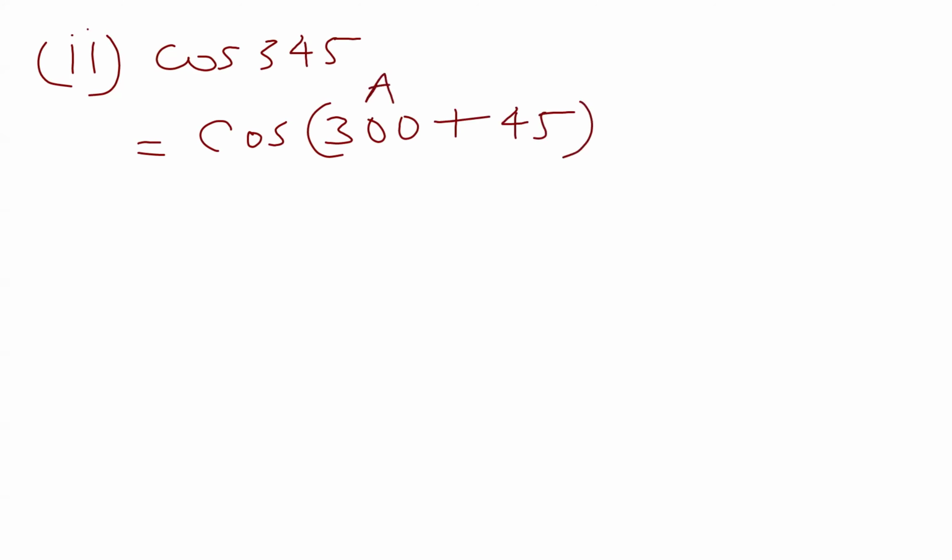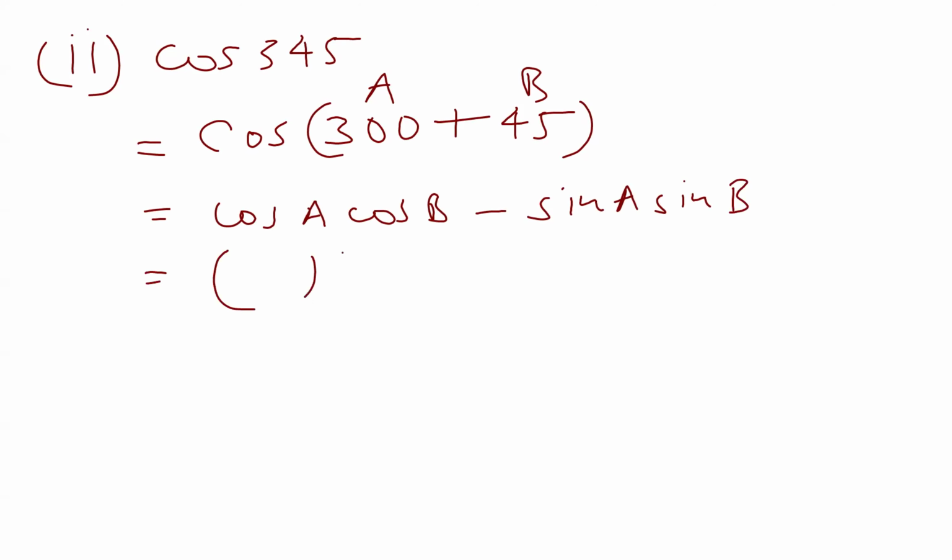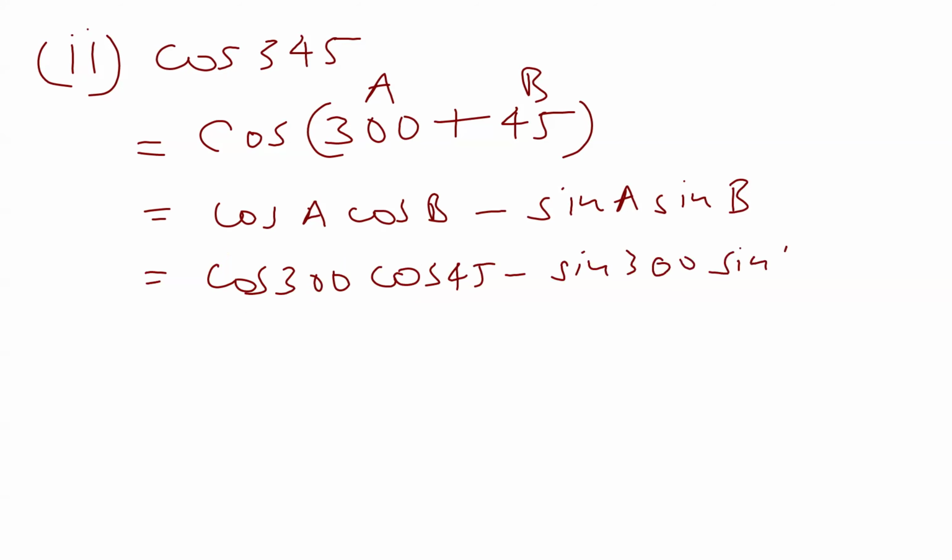So this is A, this is B. So cos A cos B minus sin A sin B. Put the values of A and B: cos 300 cos 45 minus sin 300 sin 45.